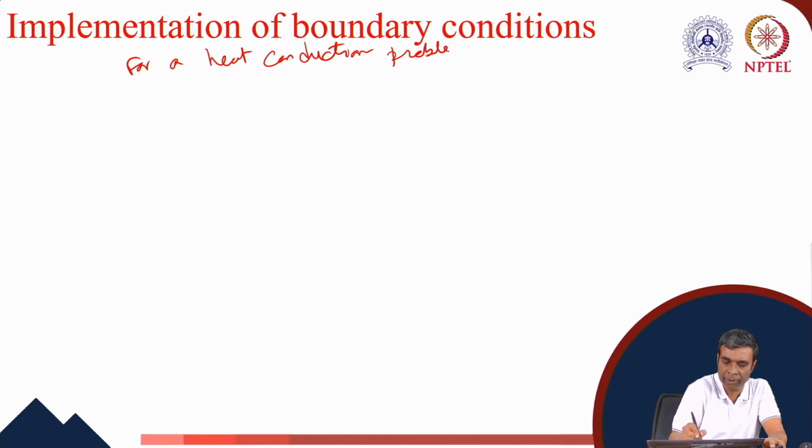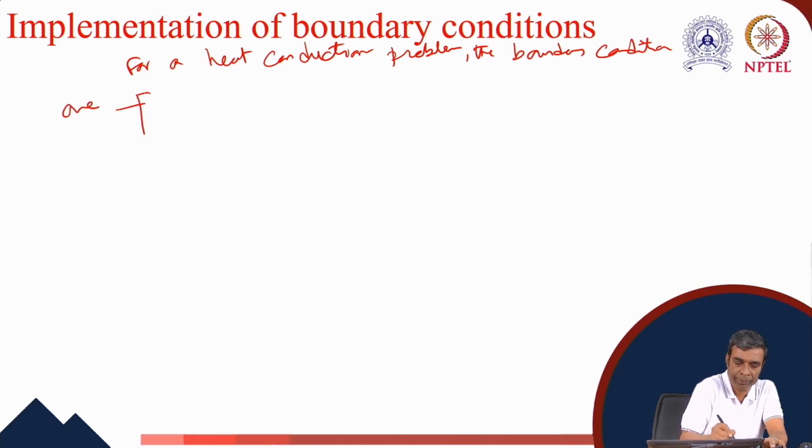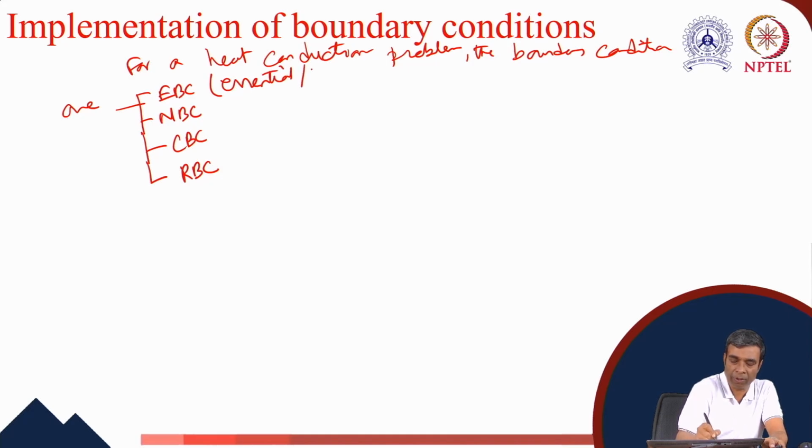we encounter 4 types of boundary conditions. The boundary conditions are EBC, NBC, CBC and RBC. So EBC is essential or Dirichlet or displacement boundary condition.